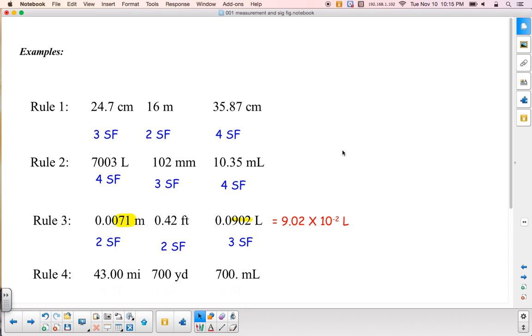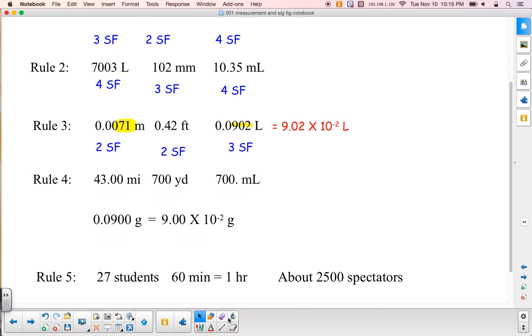If I take the number 0.0902 liters and put it into scientific notation, I get 9.02 times 10 to the negative second liters, and it becomes very easy to see where the three significant digits come from. The two leading zeros disappear as we go into scientific notation, leaving us with the 9, the 0, and the 2 as being our significant figures.